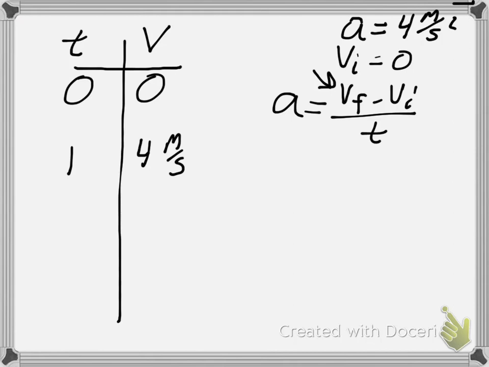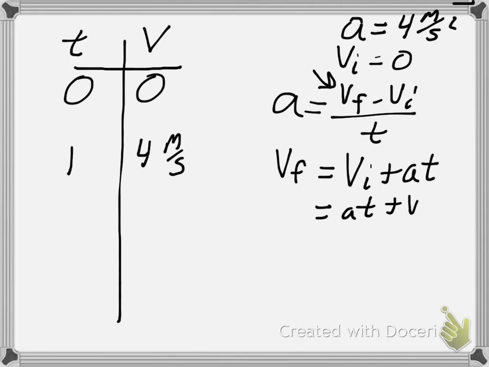I've already done it before, so I won't do it all over again. I'll just give you the main result. And we have Vf equals Vi plus At. Okay, I can also write this as At plus Vi. Either way, it's addition, so 2 plus 3 is the same thing as 3 plus 2. It doesn't matter. And so I'm getting these final velocities over here.